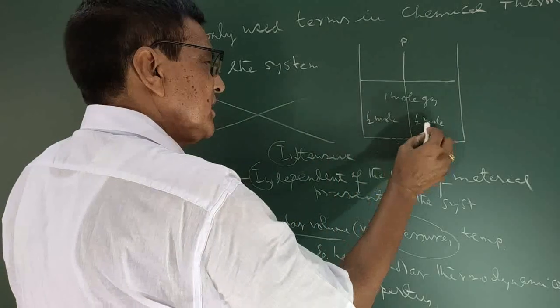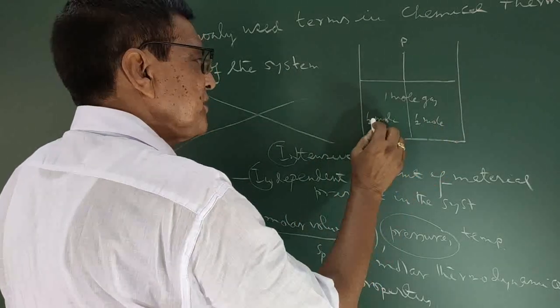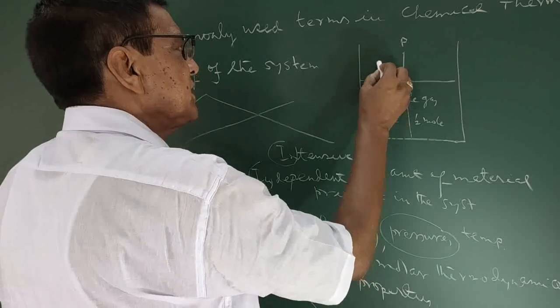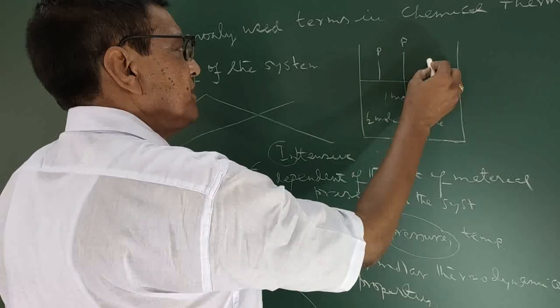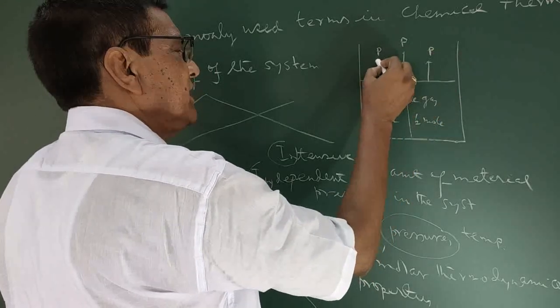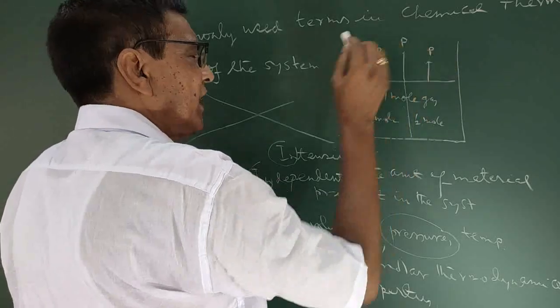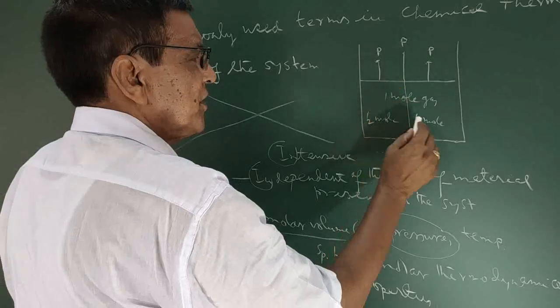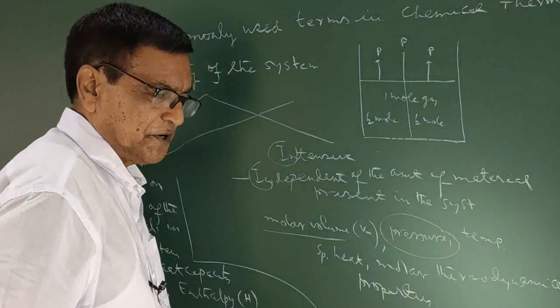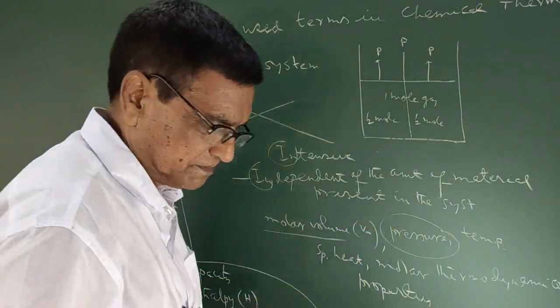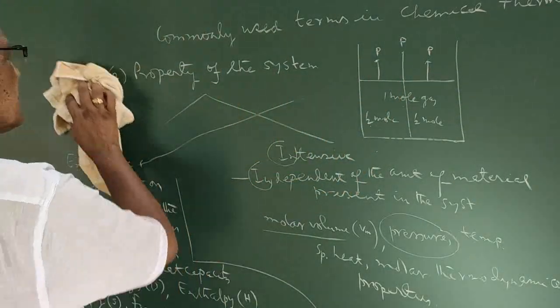But whatever the amount of material present in each chamber, the pressure is also P, equal to the original value. So this pressure does not depend on the amount of this material. So pressure is intensive.